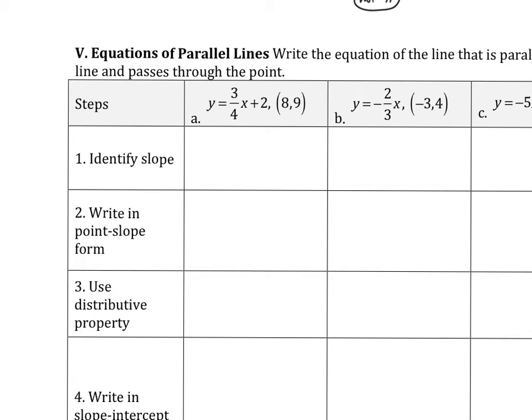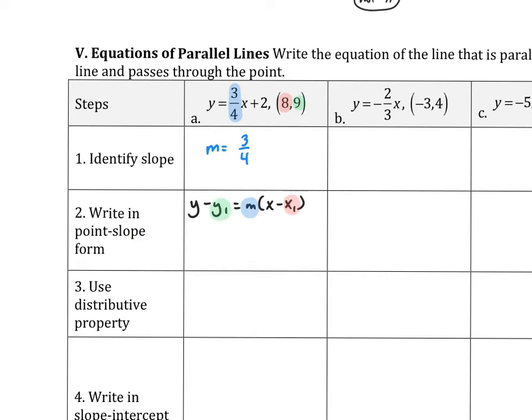So the first thing here, notice that the slope of the given line is 3/4, which means my slope has to be 3/4. Why? Because parallel lines have the same slope. We can ignore the plus 2. Next, we're going to take the 8, the 9, and the 3/4, and we're going to plug it into y minus y1 equals m times x minus x1, also known as point-slope form.